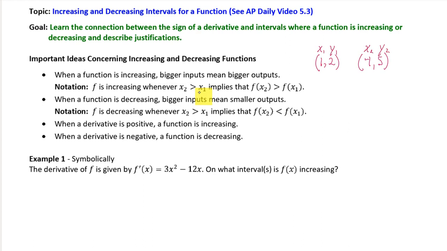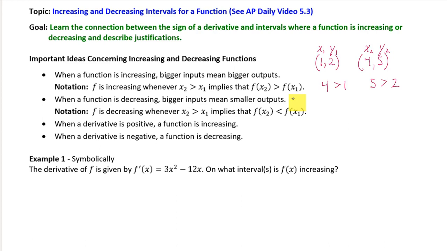If you look at the notation here, it says f is increasing whenever x2 is greater than x1. I definitely have that, 4 is greater than 1, and that implies that f of x2 is greater than f of x1. Here's my f of x2, that's 5, and that's definitely greater than my f of x1, which is 2.